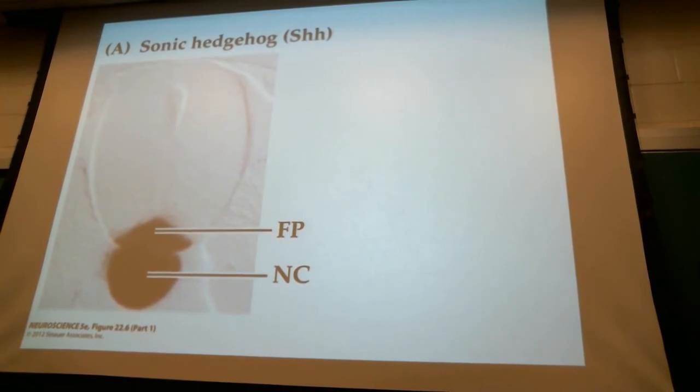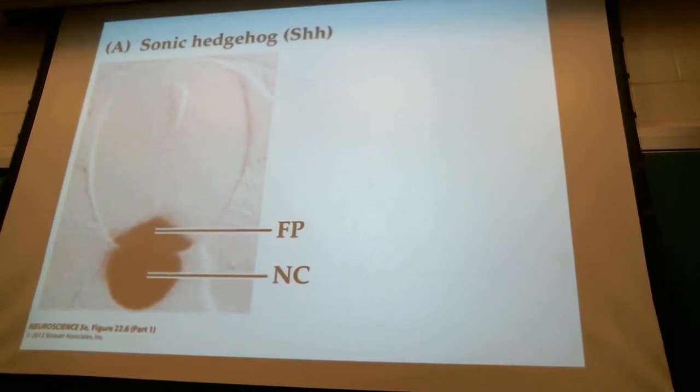And this picture is a technique called in situ hybridization. So, do you know what you can detect with this technique? This technique detects messenger RNA of certain molecule. So in this case, it's messenger RNA of sonic hedgehog is visualized.